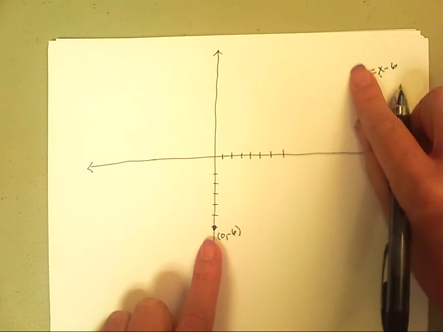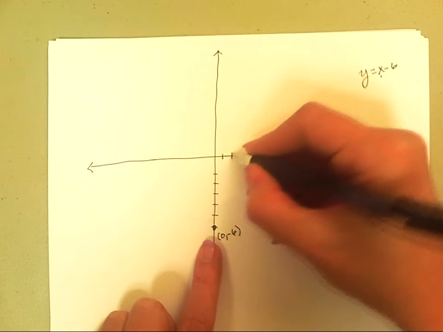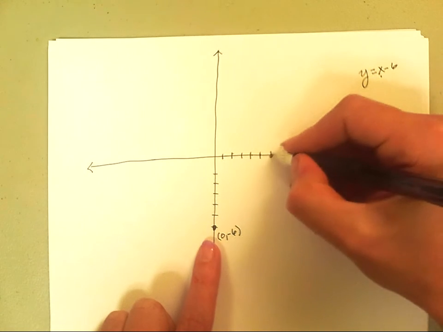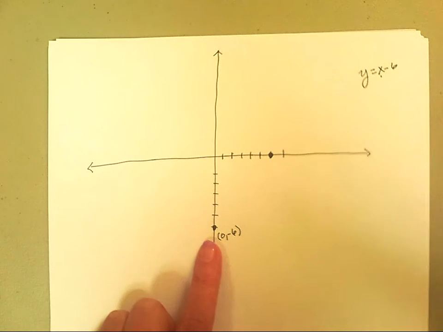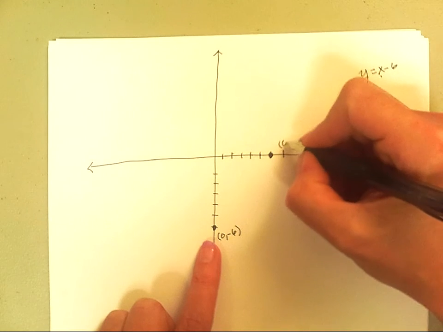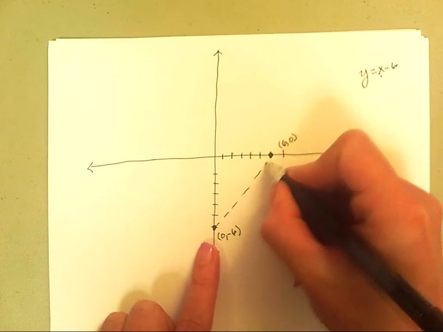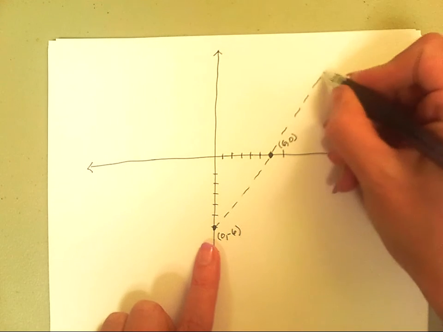And if we let y equals 0, then x would also have to be equal to 6. 1, 2, 3, 4, 5, 6. Okay. Alright, so this is the point 6, 0. Right. Now it's just an asymptote, so I'm just going to dash it in.